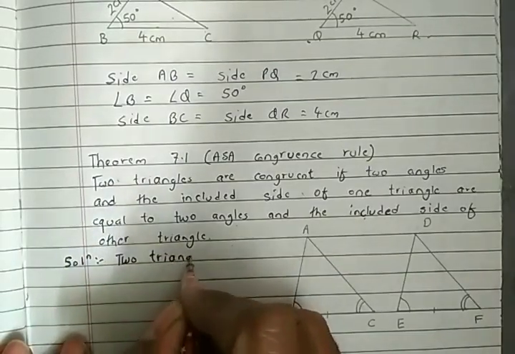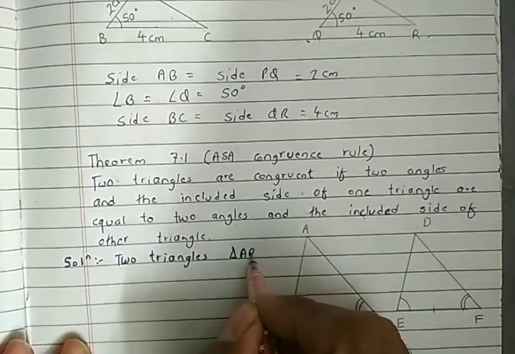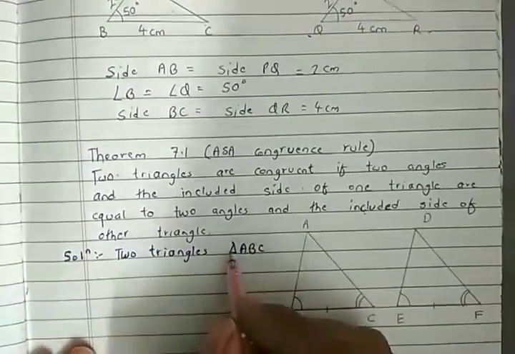Two triangles, triangle ABC, this is the symbol of a triangle.